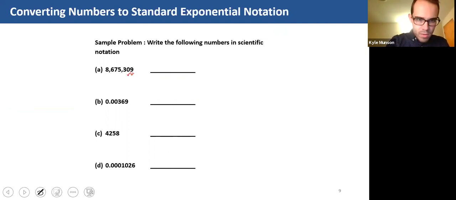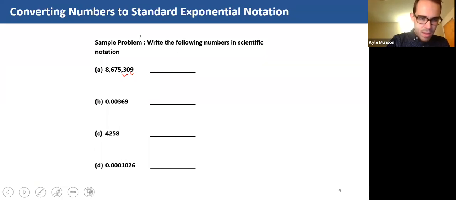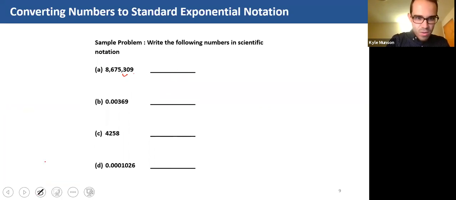Hold on, bear with me. It's not going to let me zoom or erase. All right, so we're going to go over 1, 2, 3, 4, 5, 6 places. That's really jaggedy and bad, but I went over 6 places.